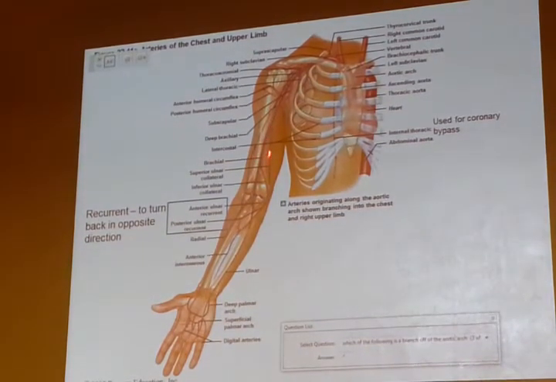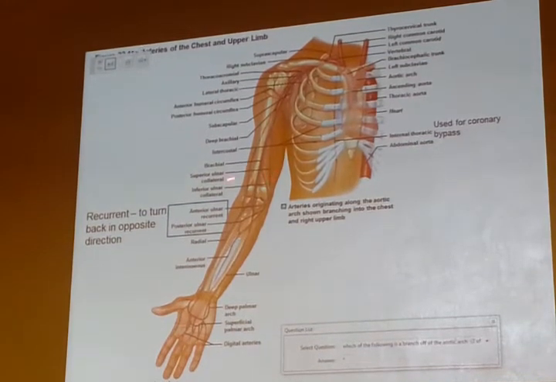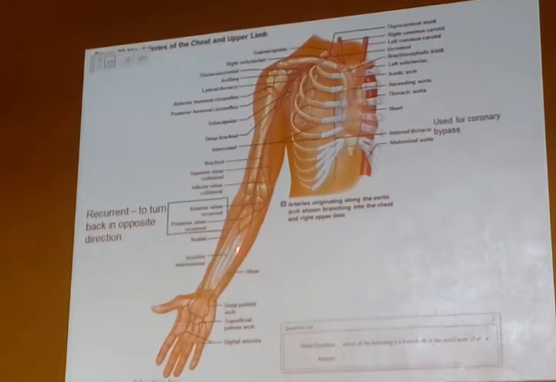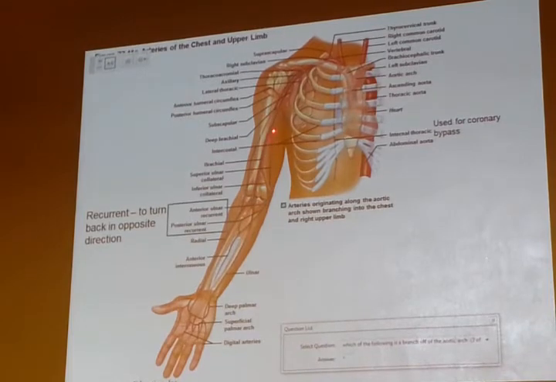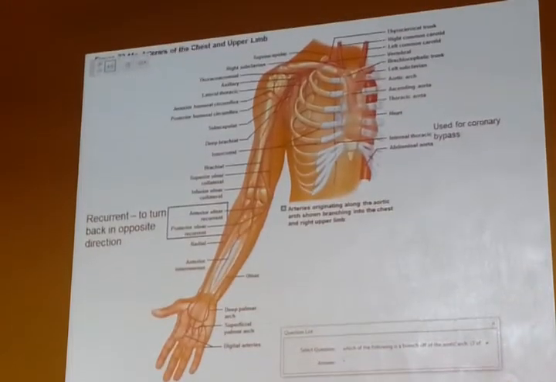When you get down to the arm, you've got the brachial artery coming down, and you're going to have some smaller vessels coming off. You're going to have ulnars coming off the brachial up above, and then you're going to have a main ulnar artery down below. This smaller ulnar is going to come around, and then it's going out, going medially, and then it turns a corner at the elbow and comes back in the opposite direction.